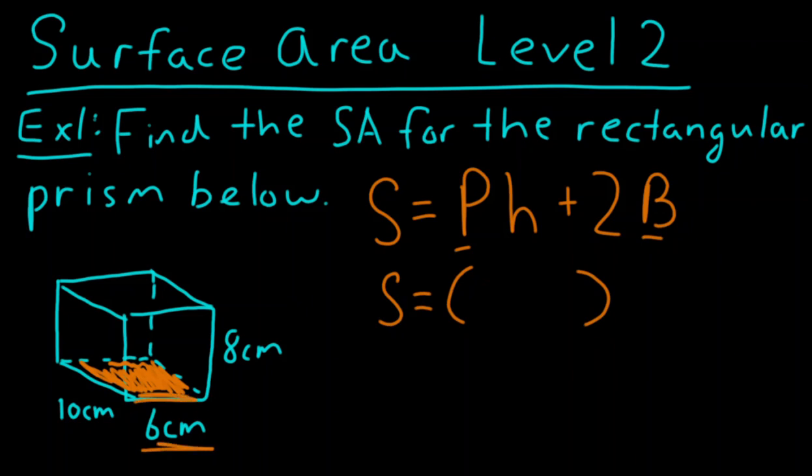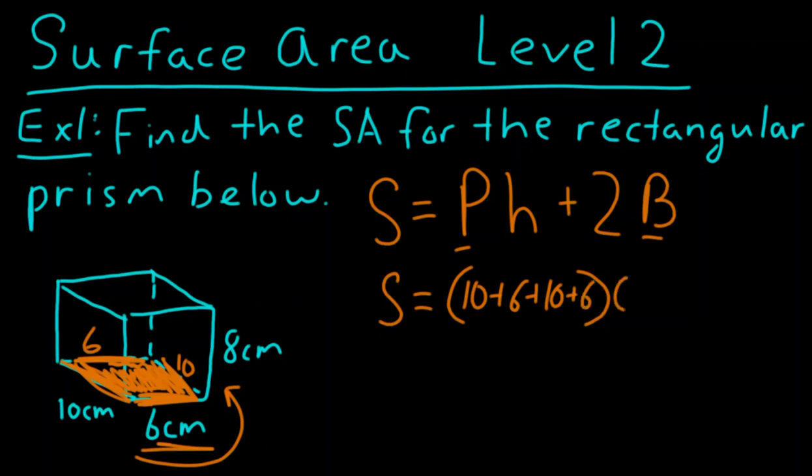I have a side of 6, a side of 10, and wait a second, if this side is 10, then this side must also be 10, and if this side is 6, then this side must also be 6. So my perimeter is simply going to be these numbers going all the way around, and we want to add them. So I'll write 10 plus 6 plus 10 plus 6 times.